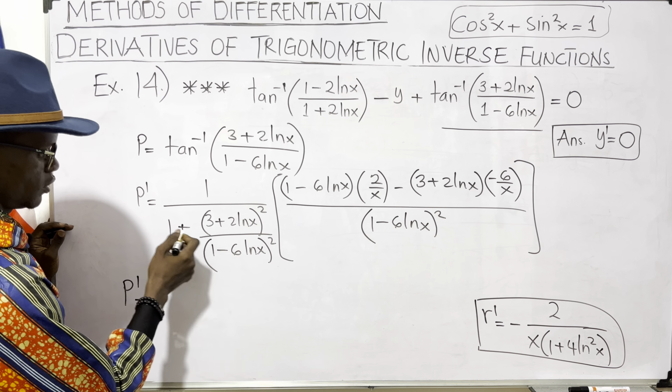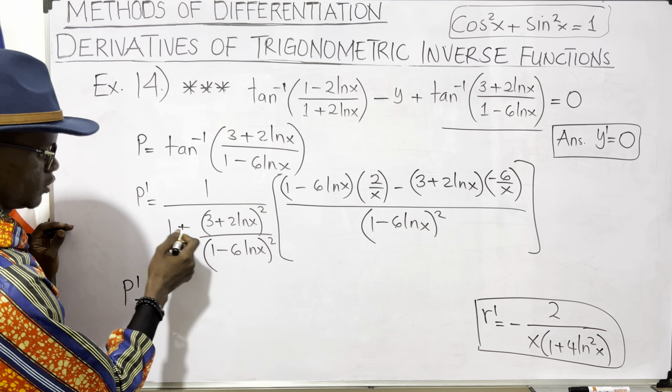Down here now, we do the same thing. Since it's a binomial square, we can square the first term, square the second term. If we square this one, this sign will change to positive. 6 times 6 is 36, and then ln squared of x. Then say minus 2 times this times this. So 2 times 1, 2 times 6 is 12. This is 12 ln of x.